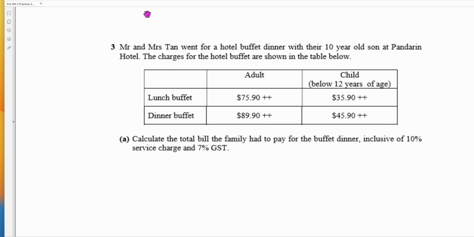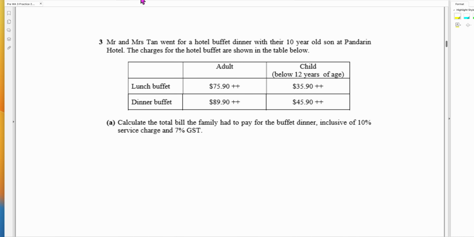Okay, for this question, why is there a plus behind? Plus one means there is a 10% GST, then later there is a 7%. Oh, okay. So for this question, the approach is, Mr. and Mrs. Tan, so 2 adults, went for a hotel with their 10-year-old son, so 1 child.